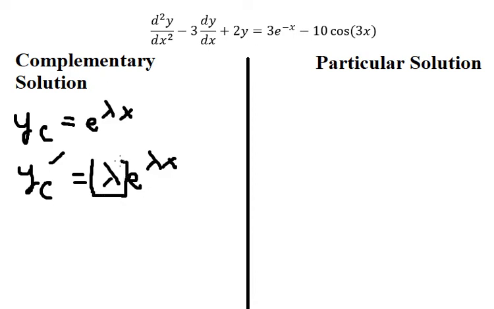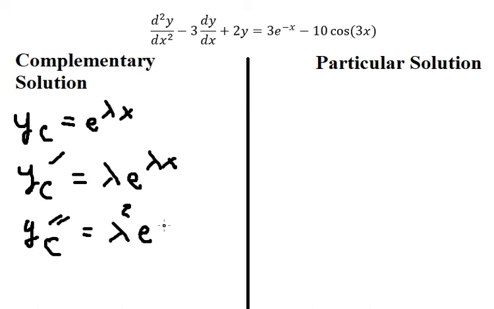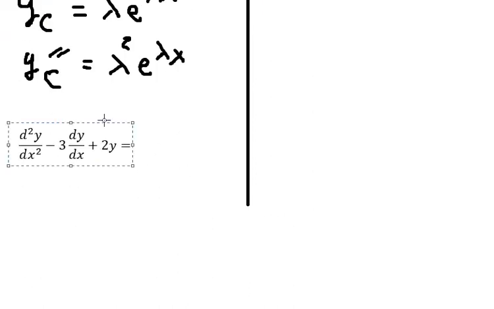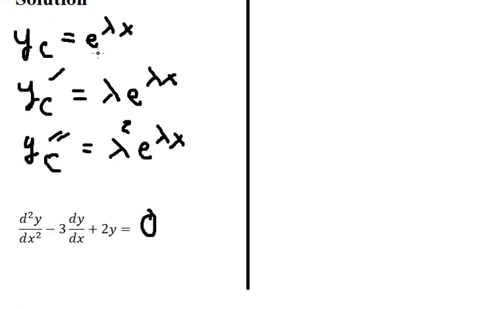You get lambda. Now we go to the second derivative of yc, and we have lambda squared e to the power of lambda s. Because this is the complementary solution, I will put this equal to 0.